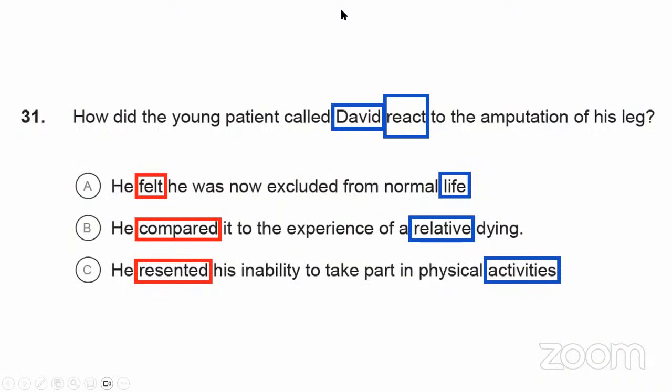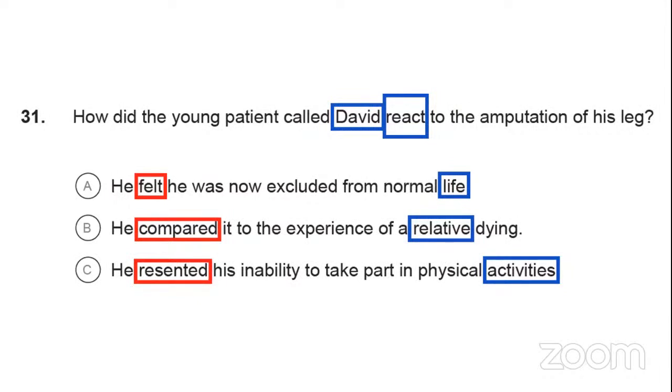So, get ready, all of you. Question 31. Yes. 7, 6, 5, 4, 3, 2, 1, and submit your answer.